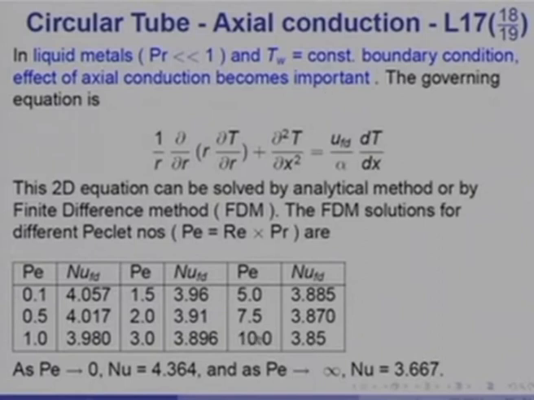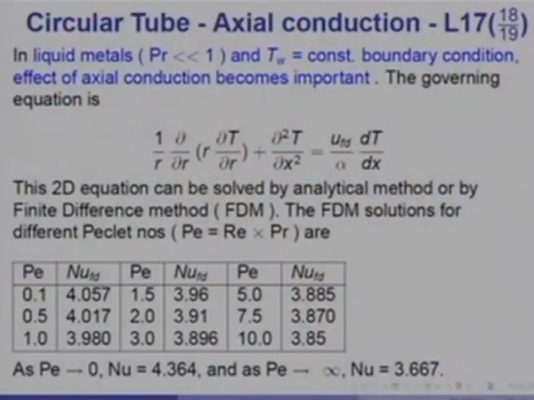So, at large Peclet numbers, the axial conduction effect goes on almost becoming negligible, and you arrive at 3.85. In effect, as Peclet number tends to 0, you get only the constant heat flux solution, so Nu equal to 4.364, and as Peclet number tends to infinity, you get the constant wall temperature solution 3.667.